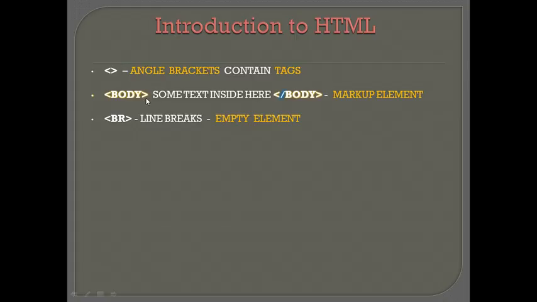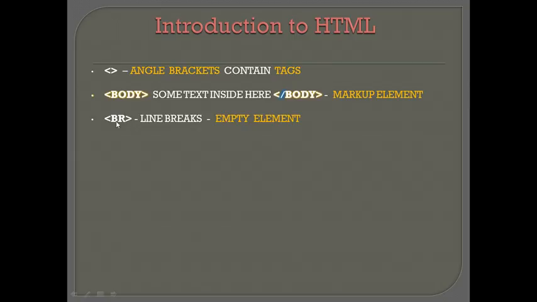In HTML, every tag is going to have a pair. 98% of the tags have a pair. Only 2% of the tags are singleton tags. Singleton tags are nothing but tags which don't need any closing tag.